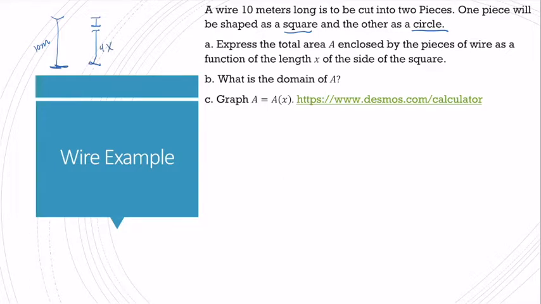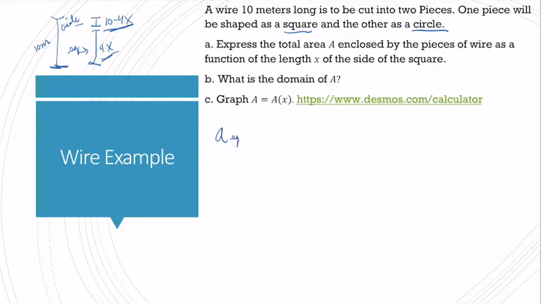So this is going to be 4x, and the whole length is going to be 10, so the other piece is going to be 10 minus 4x. So the length of one piece is 4x, and the length of the other piece has to be 10 minus 4x.